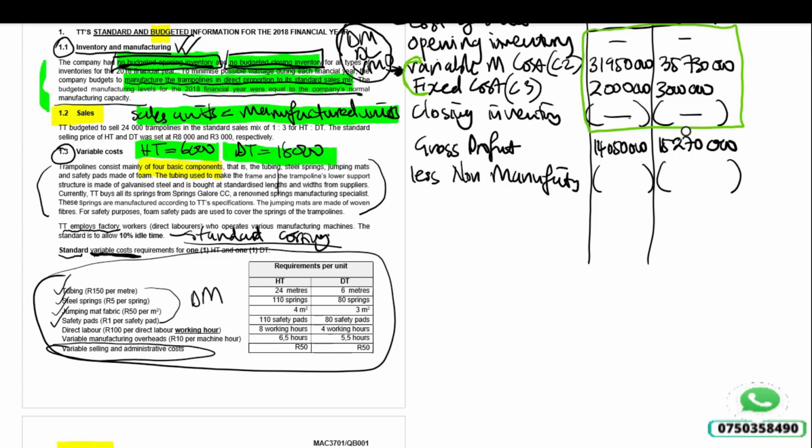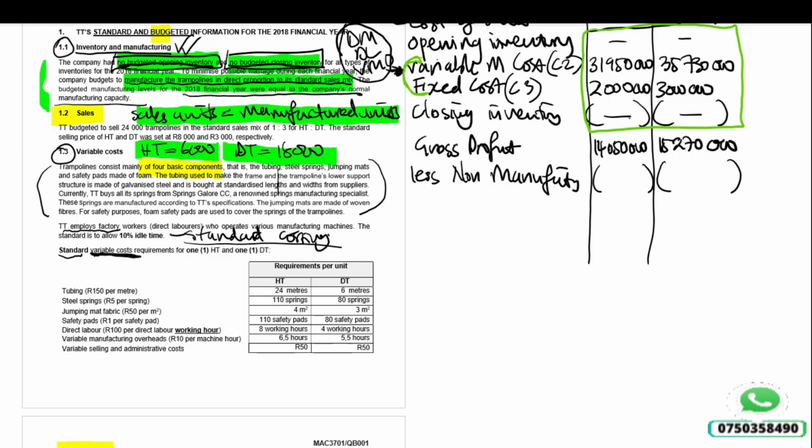The first non-manufacturing cost that I can identify is here: variable selling and admin, and they said it's 50 rand per unit. So how am I going to calculate it?